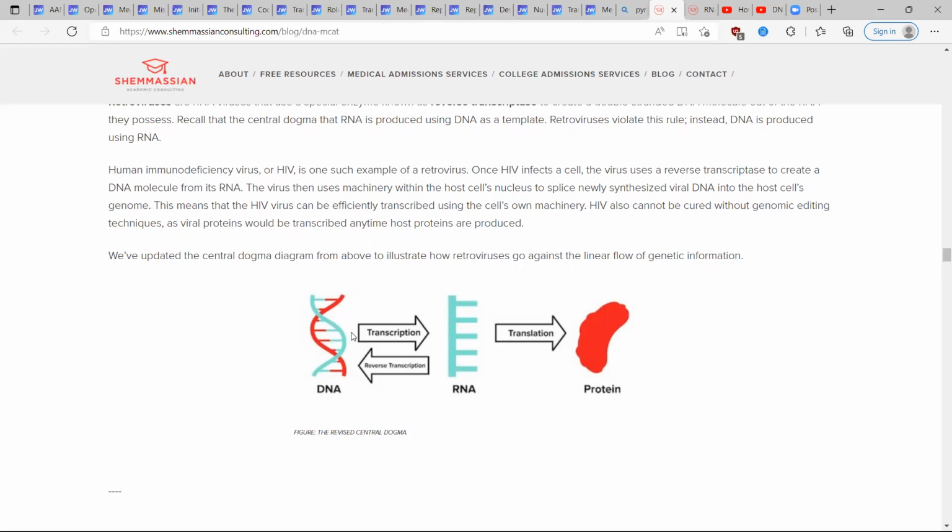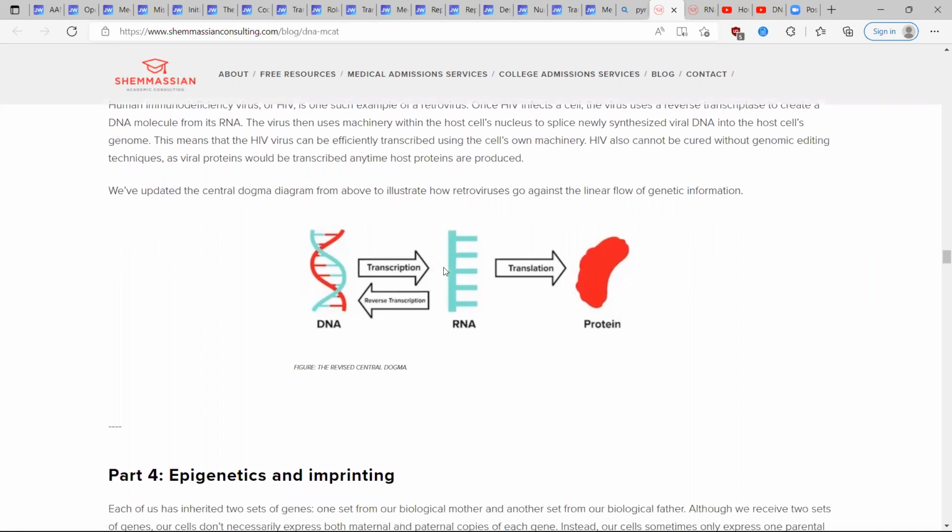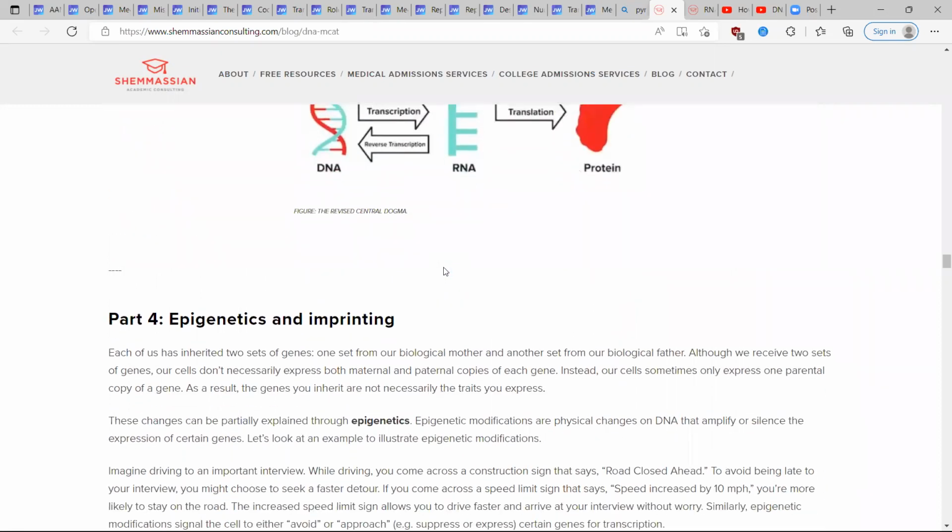It's like if you have a computer with all these important documents on it, and somebody comes in with a flash drive and plugs it into your computer, and the flash drive screws up your important information. That's sort of what reverse transcription is. We're going backwards into the DNA.